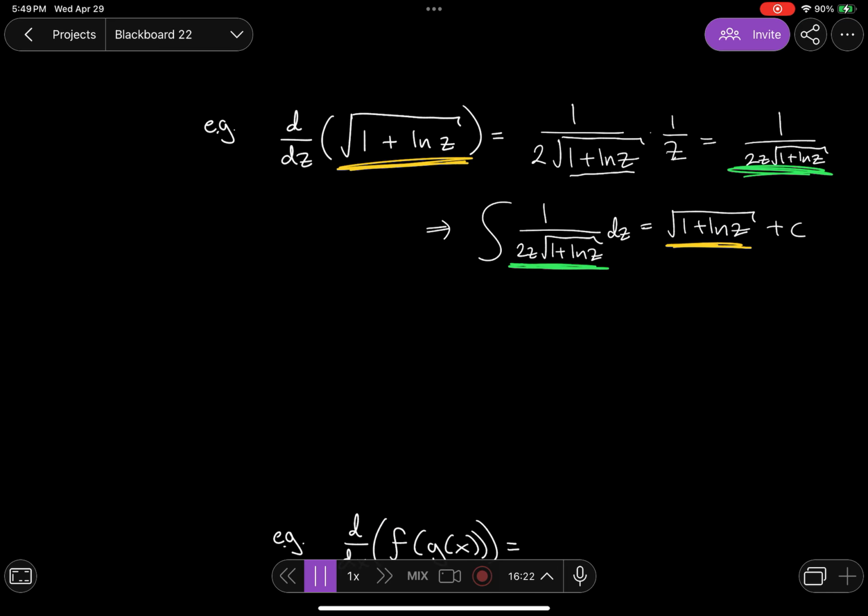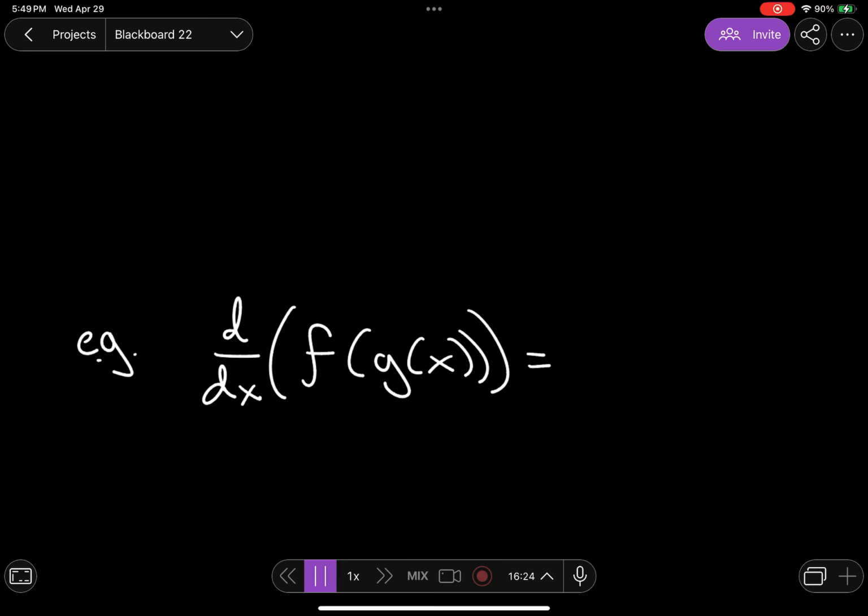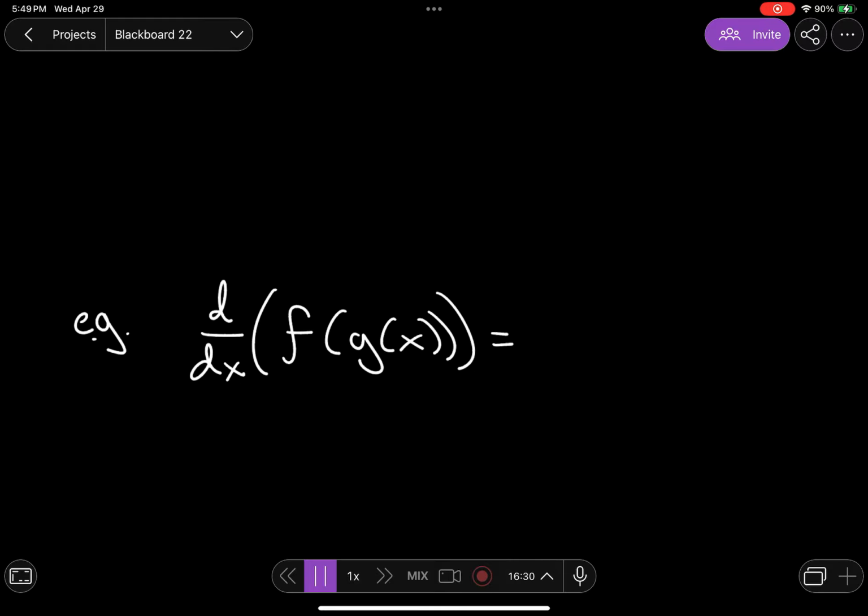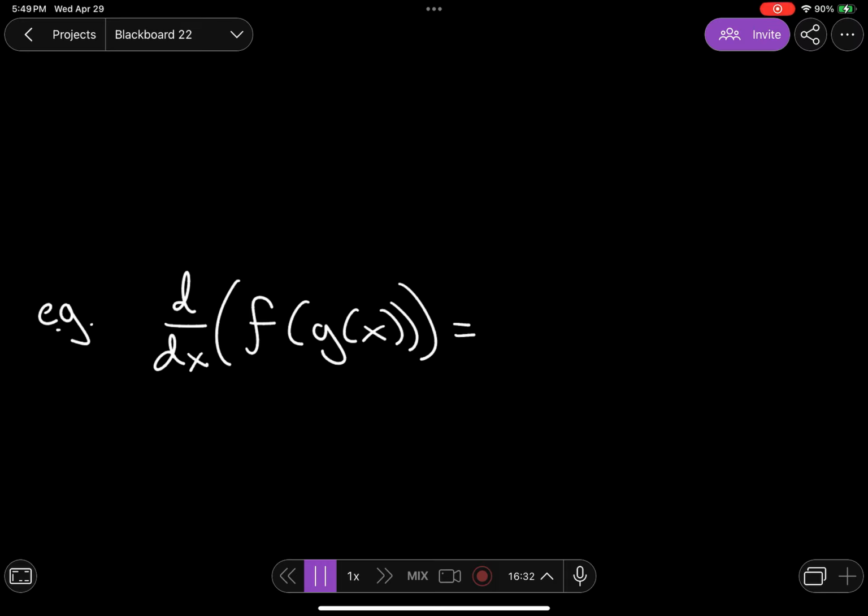All right, let's see more. Now we're kind of begging a nice spurring point for the rest of today's lecture. What if I wanted to ask what is the derivative of f of g of x? Hopefully that's a review for everybody, but this is going to be the same thing as f prime of g of x times g prime of x, right?